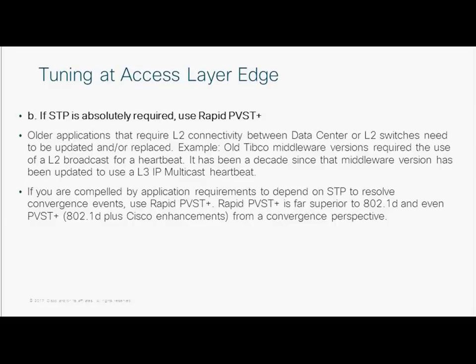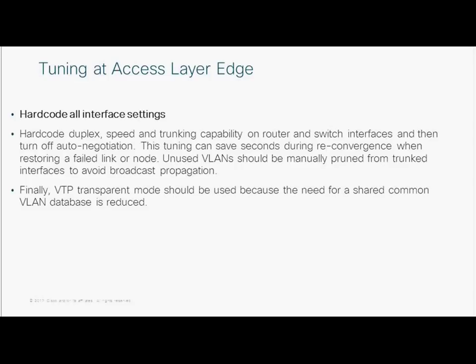So the recommendation is, when you need to use spanning tree, use rapid per-VLAN spanning tree plus, and this is because you can use PortFast and all the other mechanisms in order to reduce the impact of any topology change, right? That's why we recommend doing that.